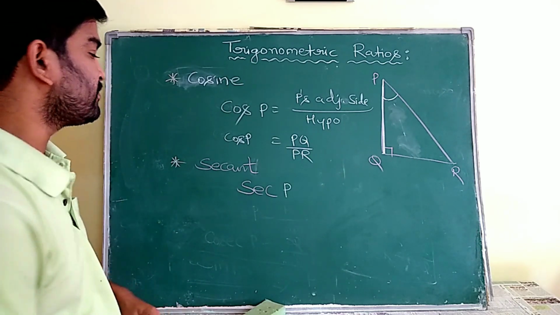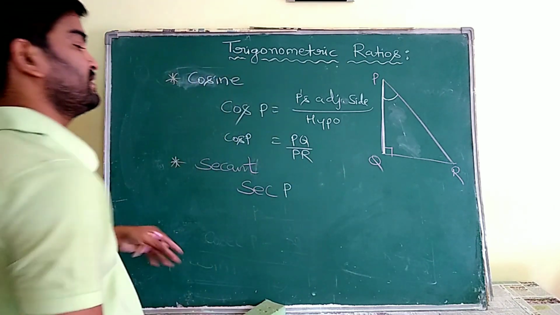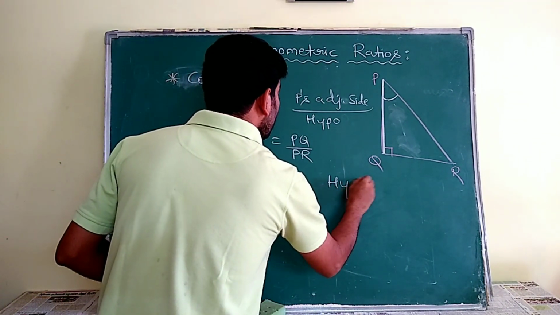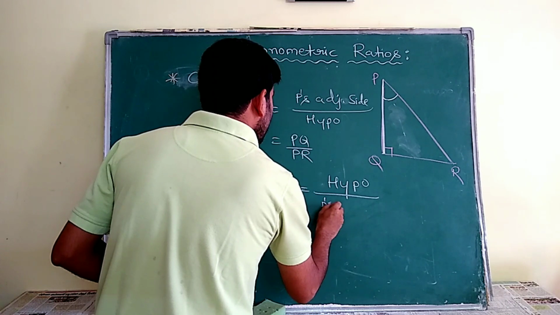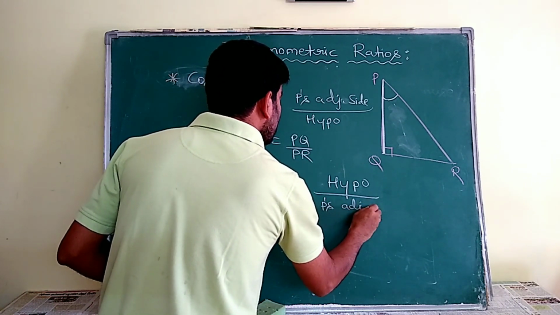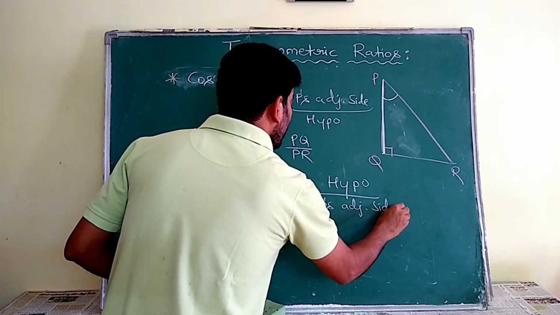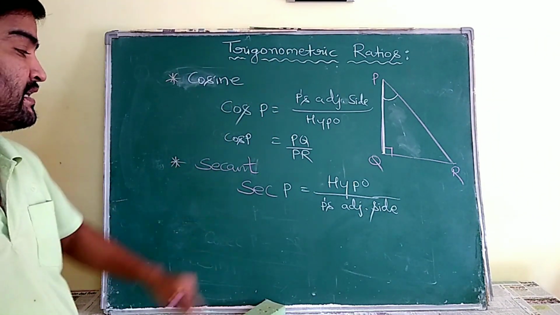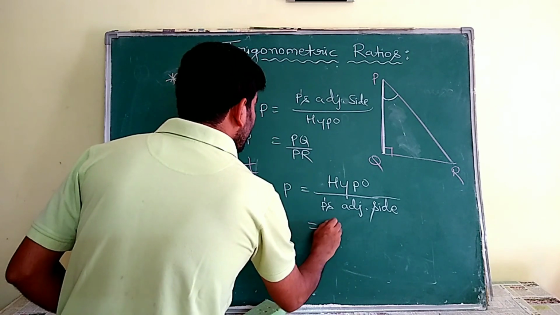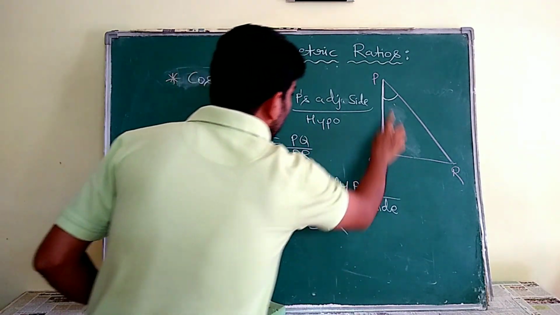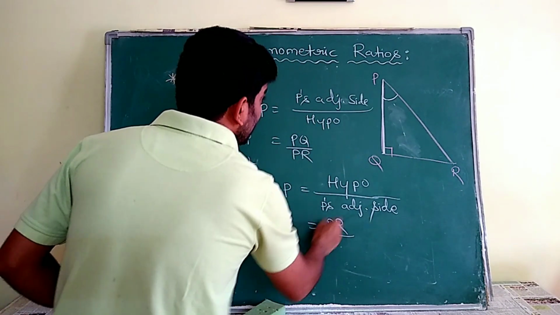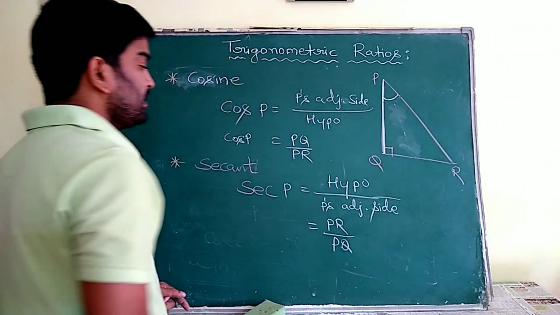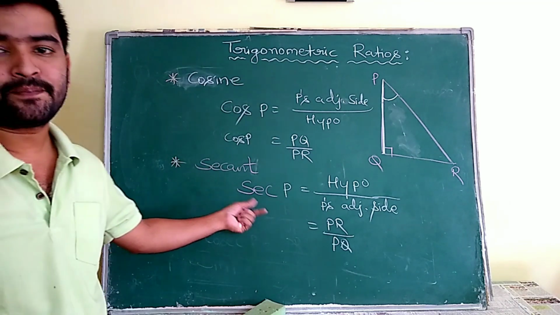Secant p is equal to the reciprocal value of cos, that means hypotenuse by p's adjacent side. Now tell me what is hypotenuse. Hypotenuse is pr and p's adjacent side is pq. So this is secant p.